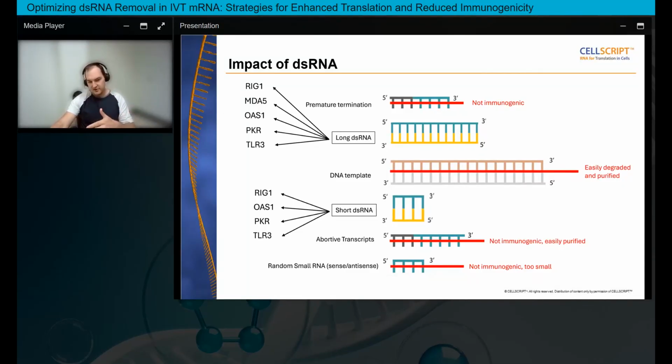Now, going back to our previous slide talking about double-stranded RNA, as well as all these other products and why double-stranded RNA may not be good for living systems, there's a whole slew of different genes that double-stranded RNA tends to either cause the expression of or immune sensor mechanisms within cells that it tends to trigger.